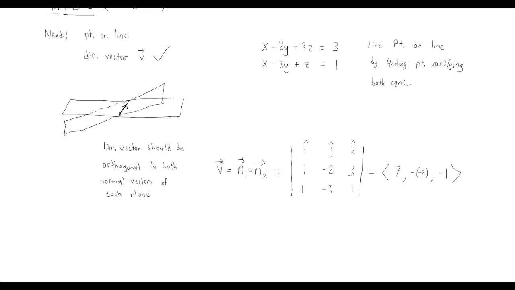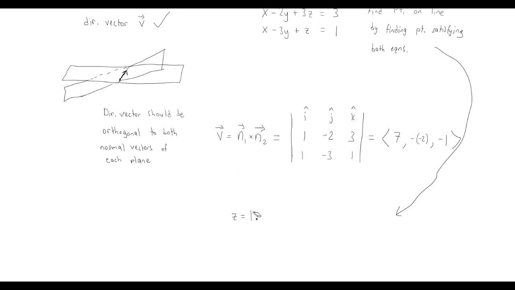Alright, so in order to find a point satisfying both of the equations, we'll do something sort of similar to what we did above. What I'm going to do is just pick a random value for one of the variables. Actually, let's do, so I'm going to plug in 0 for z. Okay?